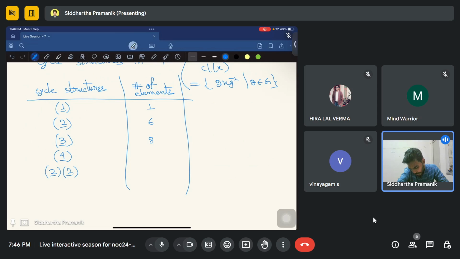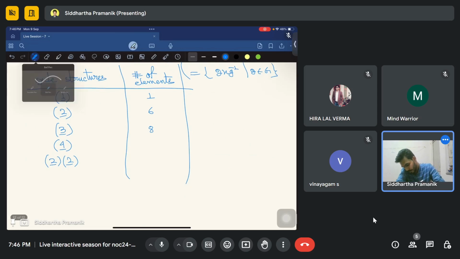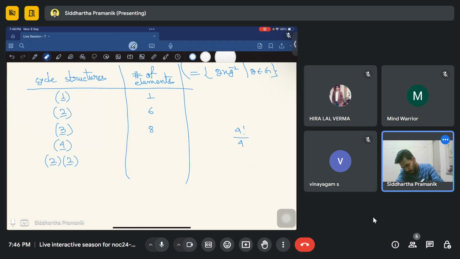Now the number of 4 cycles. So you can see it will be 4 factorial by 4. That means it is 6.